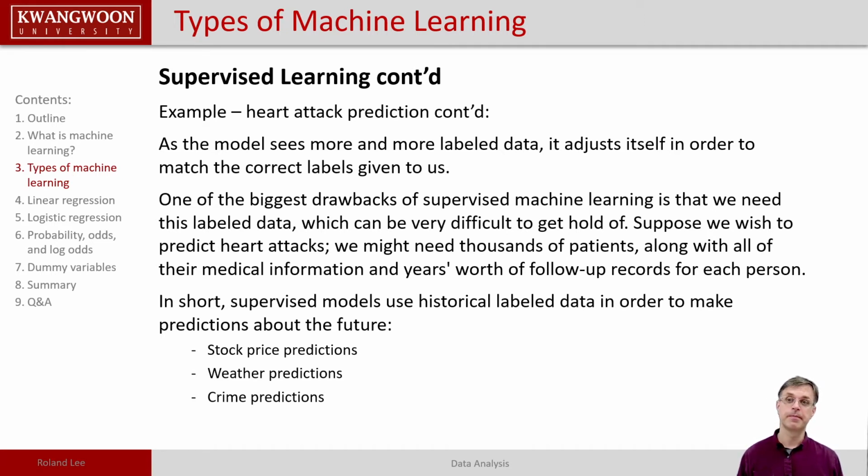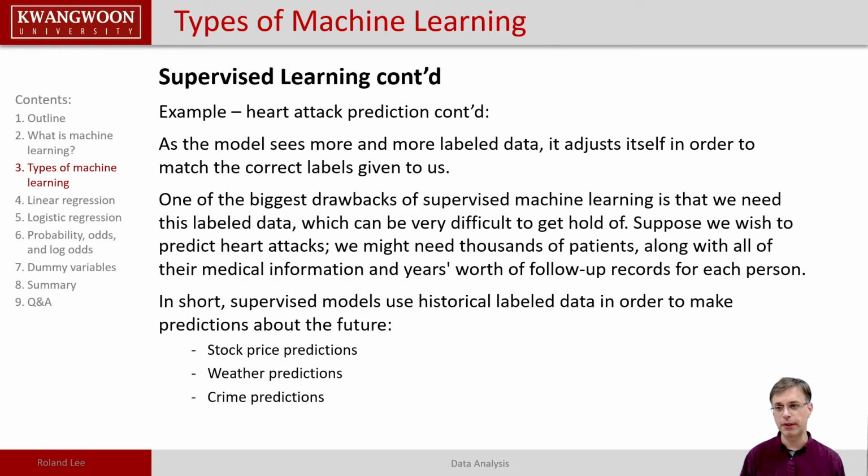We can use different metrics, explained later in this chapter, to pinpoint exactly how well our supervised machine learning model is doing, and how it can better adjust itself. One of the biggest drawbacks of supervised machine learning is that we need this labeled data, so we need the historical data, which can be very difficult to get.